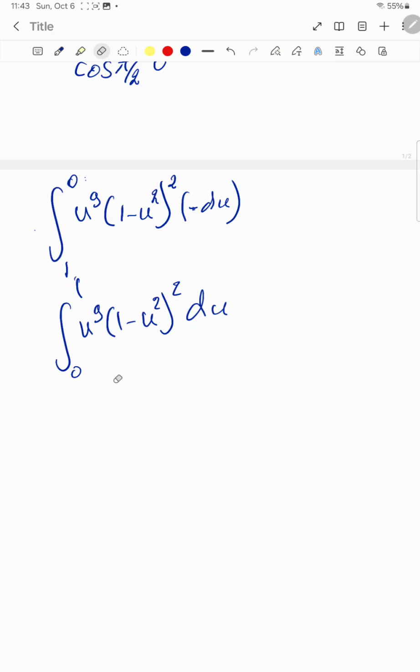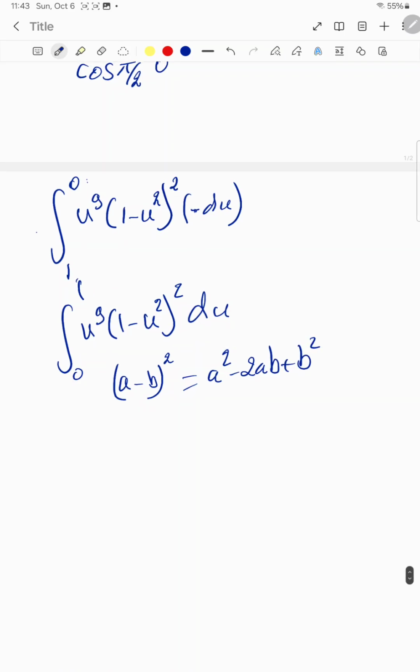So now I know that 1 minus u squared squared is like (a minus b) squared, which is equal to a squared minus 2ab plus b squared. We studied this before. In that case, my a is equal to 1 and my b is equal to u squared.